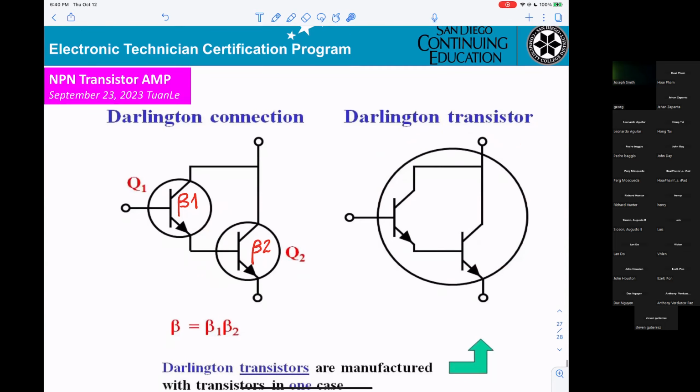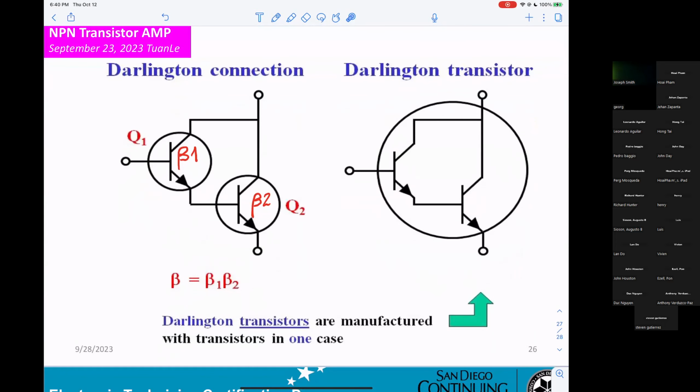Okay? Darlington transistors are manufactured with two transistors in one case. That means this is together, a Darlington transistor, but inside one case. They can also be connected separately. So that is whatever we already did for bipolar transistors.